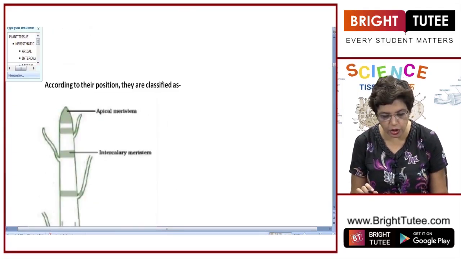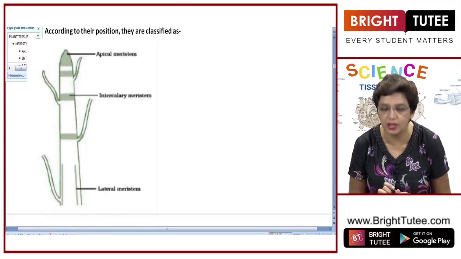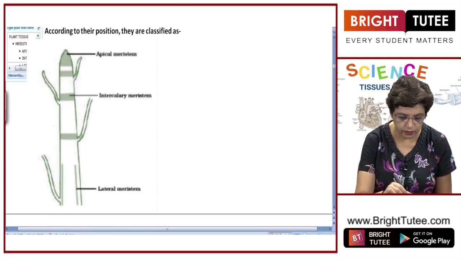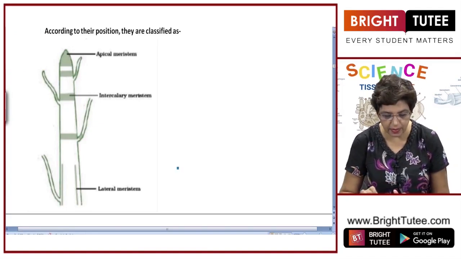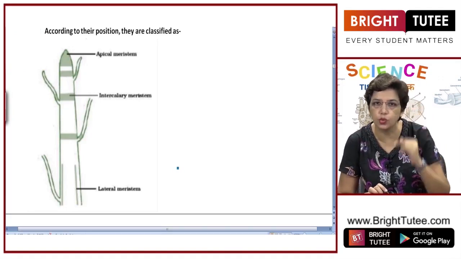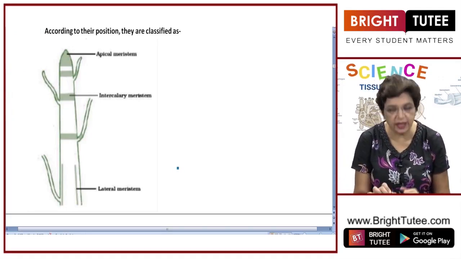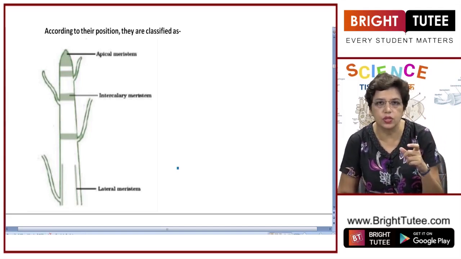Now, meristematic tissues are further divided into three categories depending upon where they are located. First is apical meristem, then intercalary meristem and lateral meristem. Apical meristem is present at the apex, that is the tips of the roots and shoots. Intercalary meristem, as you can see, is present at the internodes.